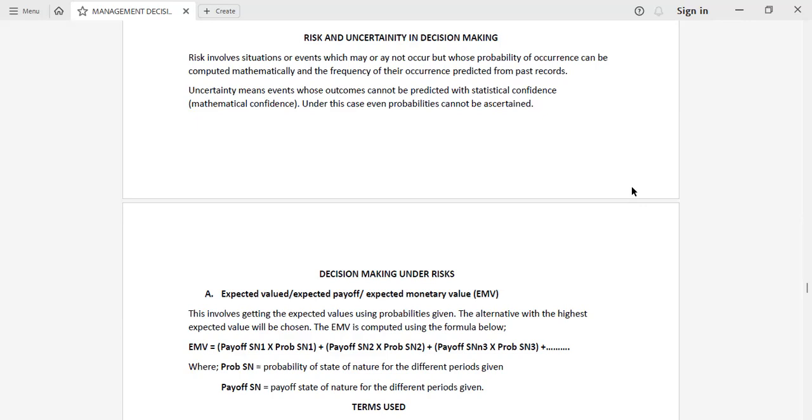But when you look at the side of the uncertainties, you find that uncertainties means events whose outcomes cannot be predicted with statistical confidence or mathematical confidence. In other words, even the probabilities, we can't ascertain the probabilities.